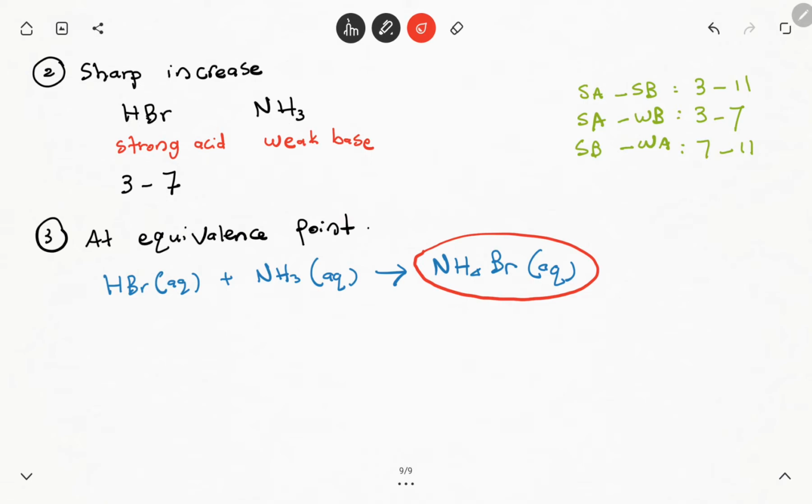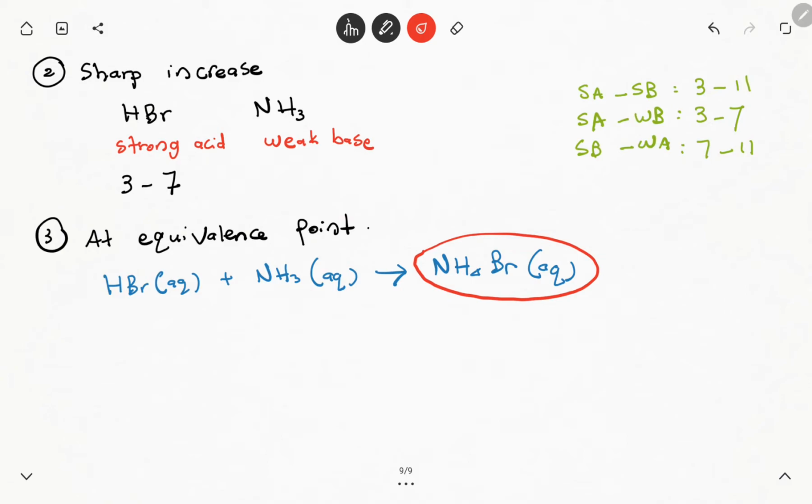The third step is to find the equivalent point, or the equivalent pH and equivalent volume. So at equivalent point, the number of moles of acid and base that react is equal. That means all acid and base are completely consumed, and we only have salt in the conical flask.